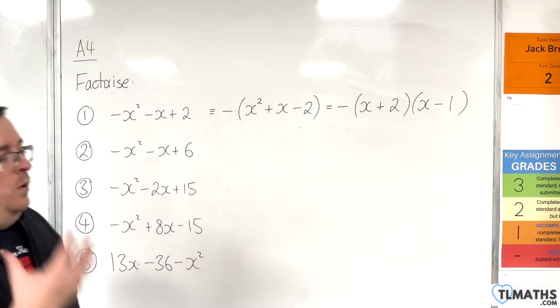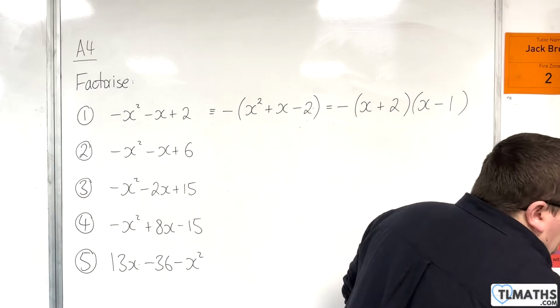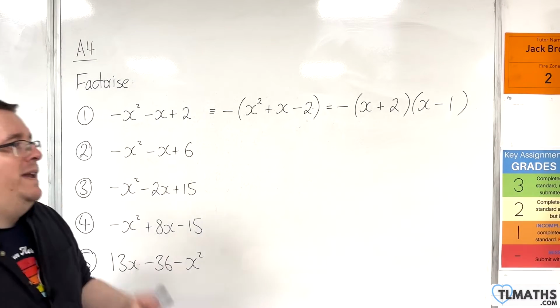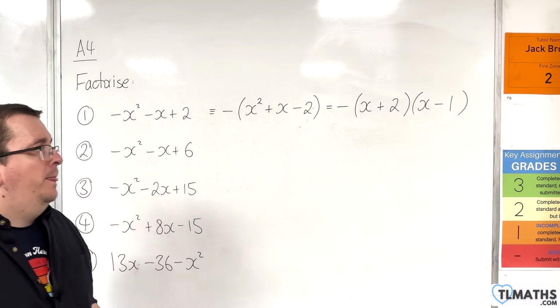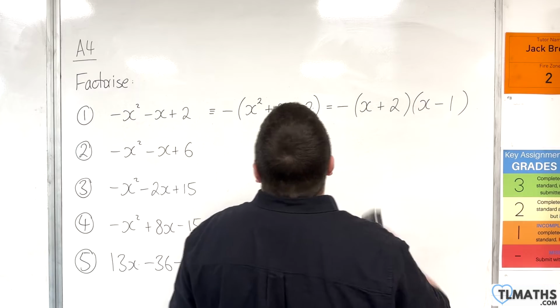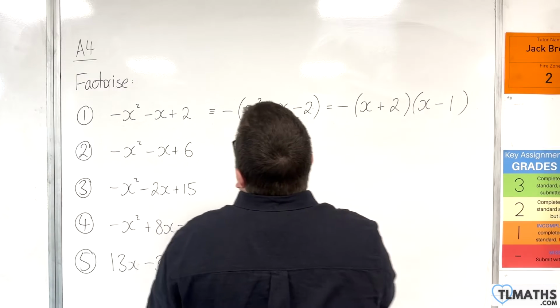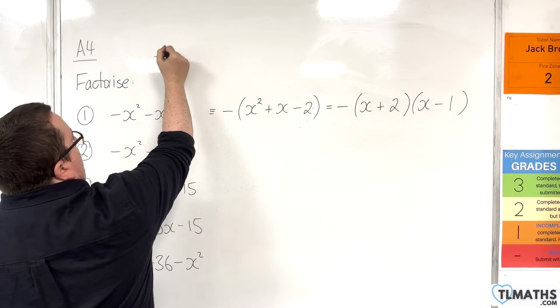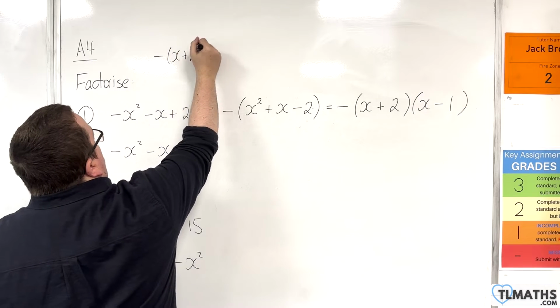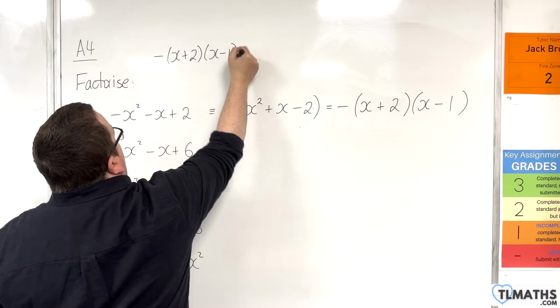What I'm instead going to do is go back to my regular way of doing it when the coefficient of x squared isn't 1. Hold that thought for the first example. I'm just going to write down that answer just to remind us what we got.